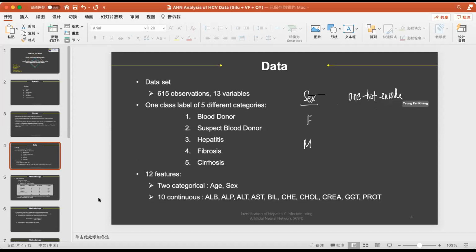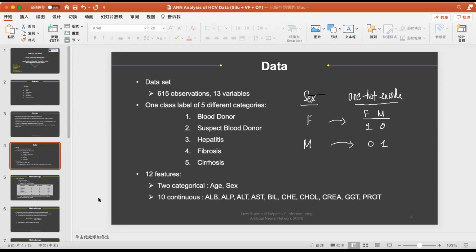So how does it become? I will break the sex into two columns, one for female and another for male, and put it as 1, 0. And for the second observation, I will have 0, 1. Oh, okay. In statistics, that's basically a dummy variable.